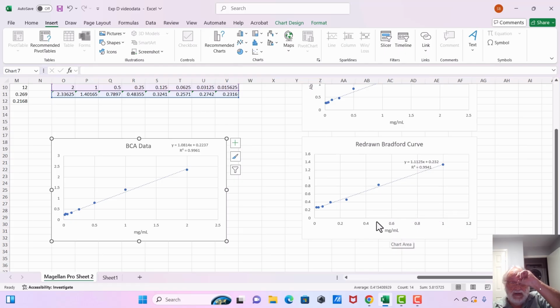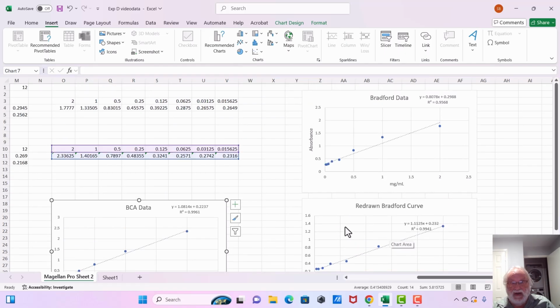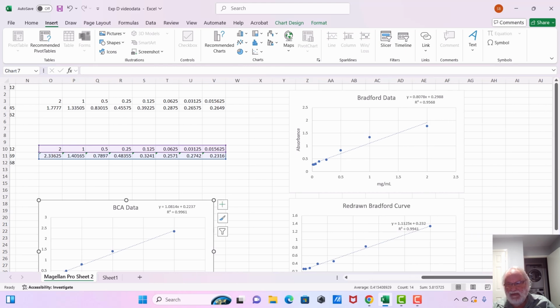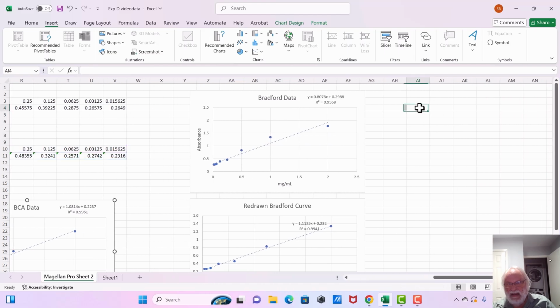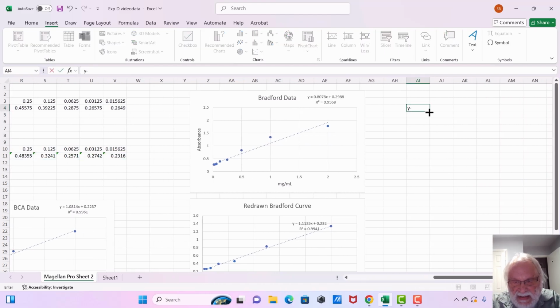And the next thing to do is we need to determine our unknown concentrations. And remember, this equation is in the form of y equals mx plus b, where m is the slope and b is the y-intercept. So we need to keep that in mind. But if we want to solve for x, we have to rearrange the equation. Let me scroll a little bit further over here and I'll write it out. So it's y is equal to mx plus b.